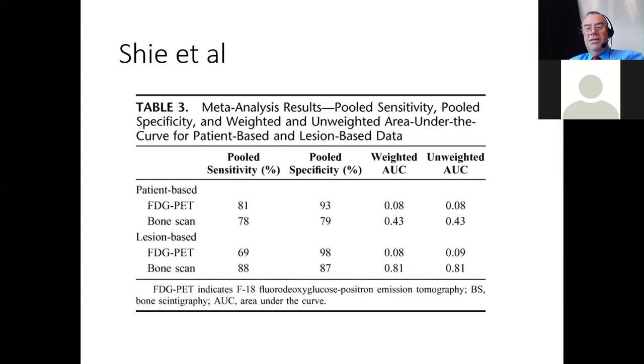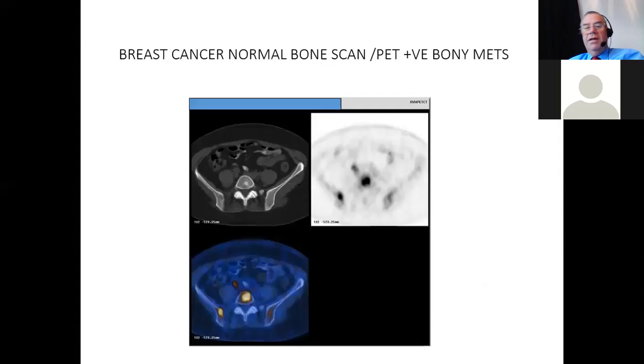That's all to do with the fact we can see the bone around the metastasis. But the specificity was much better with FDG PET because we had the CT component. So it may well be that in some patients you'd want to do both bone scintigraphy and FDG PET, particularly if they're symptomatic. But we would normally recommend now that if you were trying to get a total staging of patients, certainly with breast cancer, we would do FDG PET primarily.